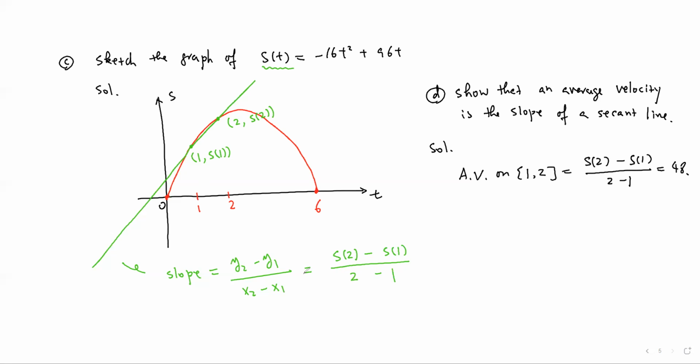Okay, you see, this is the slope of the green line, but this slope is exactly the average velocity on the time interval 1 to 2. So an average velocity is the slope of a secant line. This is D.